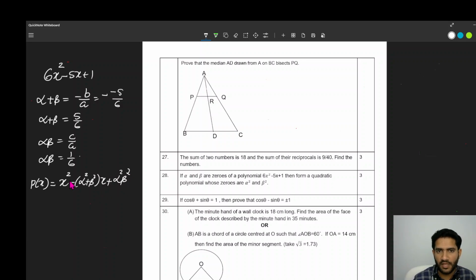So this is the polynomial. Now we want to find alpha square plus beta square by using these two equations.